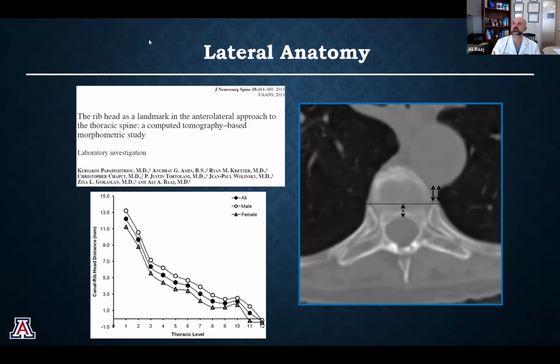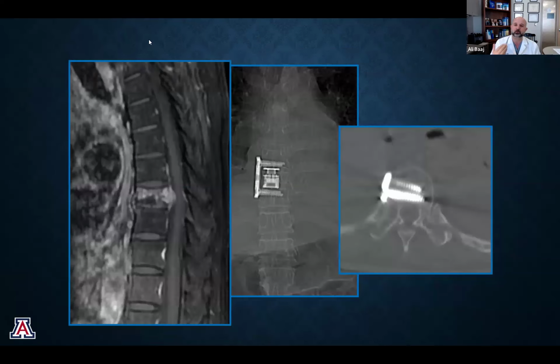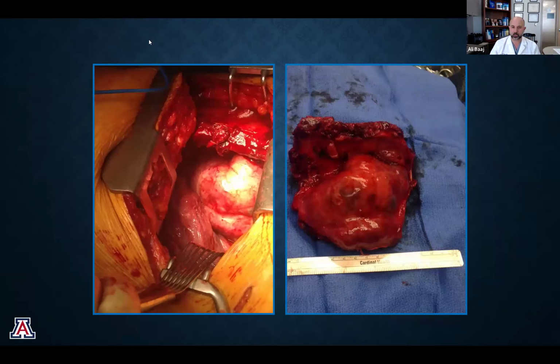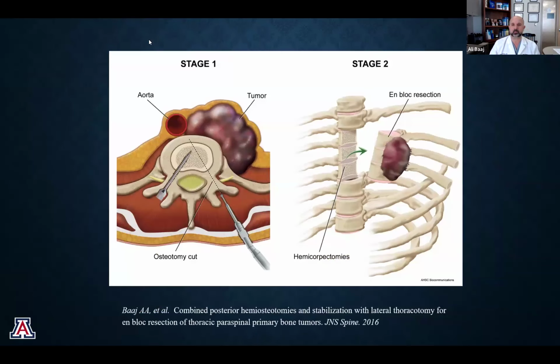And that's all being more efficient and decreasing the surgical footprint, whether this is done laterally, even really for metastatic disease or en bloc tumors like a chondrosarcoma or a chordoma like in this case.